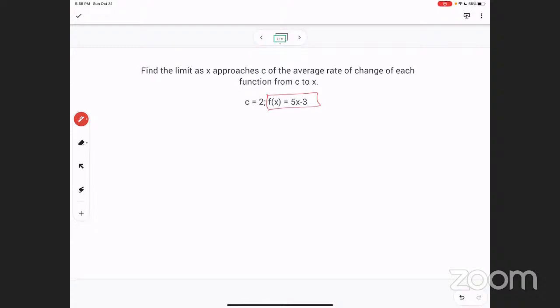It's f of b minus f of a all over b minus a. That seems familiar to you? I think so. Let me see if I can find another way to do this.